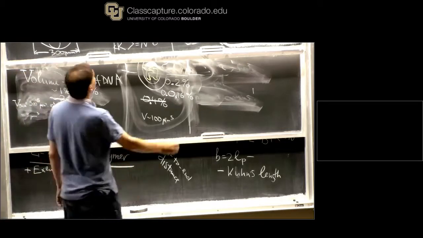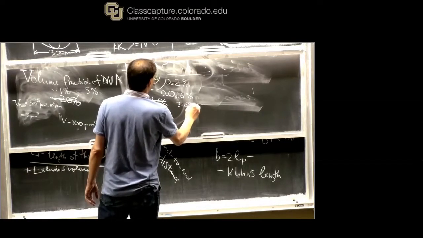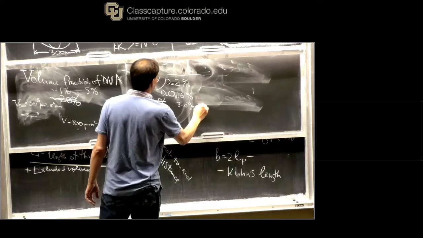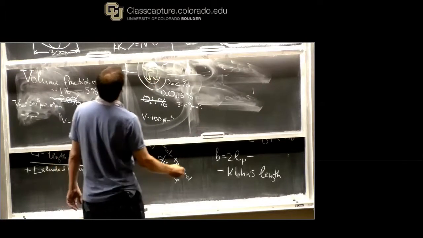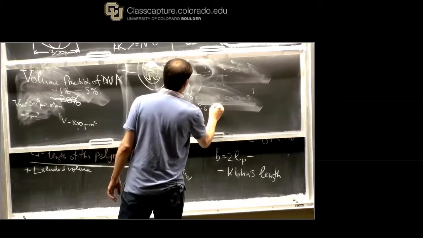Okay, so this is again 3 10 to the minus 6 micron squared of diameter times 6 10 to the 3 micron.